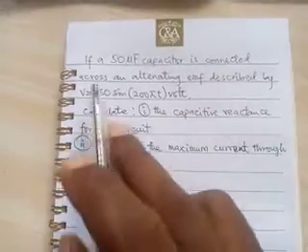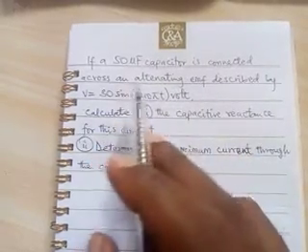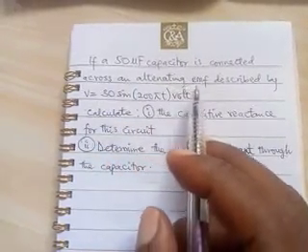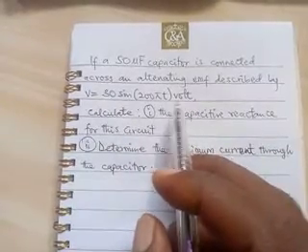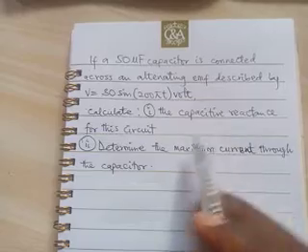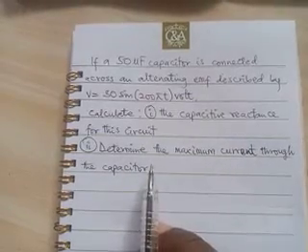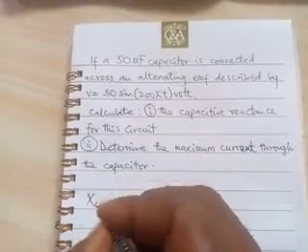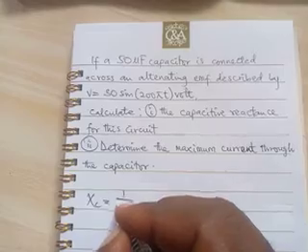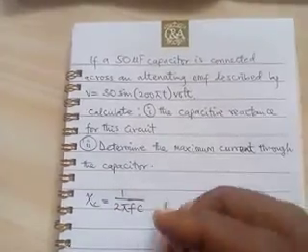This question says, if a 50 microfarad capacitor is connected across an alternating EMF described by V equal to this in volts, calculate the capacitive reactance for this circuit, and determine the maximum current through the capacitor. Now, we need to know that the capacitive reactance is given as 1 over 2 pi f c.